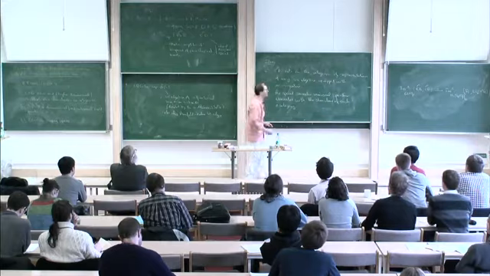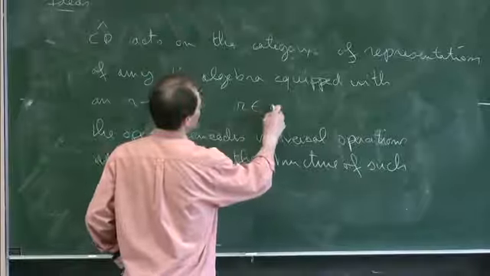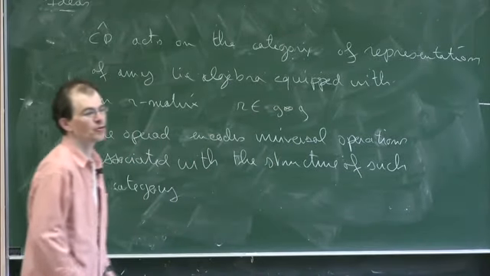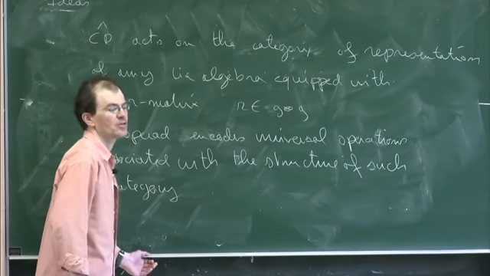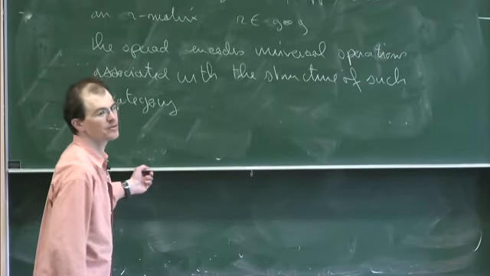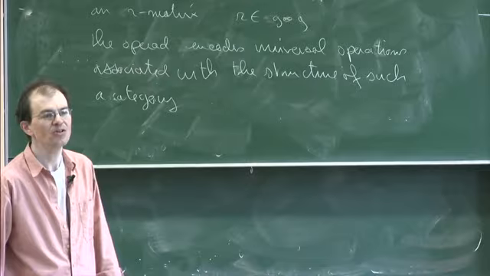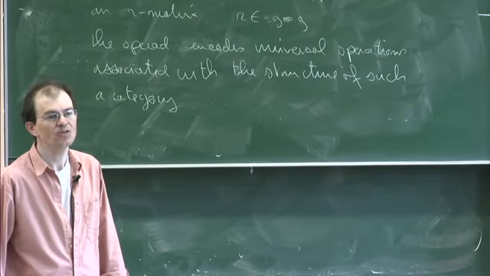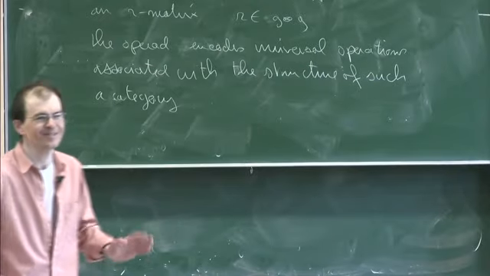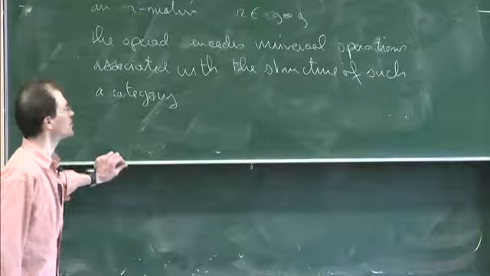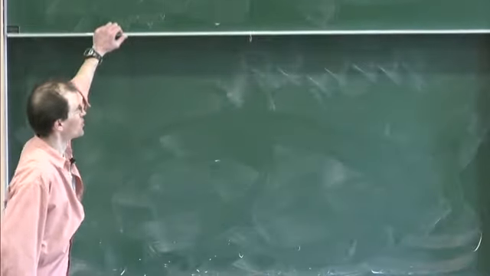R-matrix means an element in g tensor g satisfying the usual commutation relations and the Yang-Baxter equation. Okay? Sorry, I might be confused, but do you really need an R-matrix? It's not enough to have an invariant? Yeah, okay, so just to give the idea.